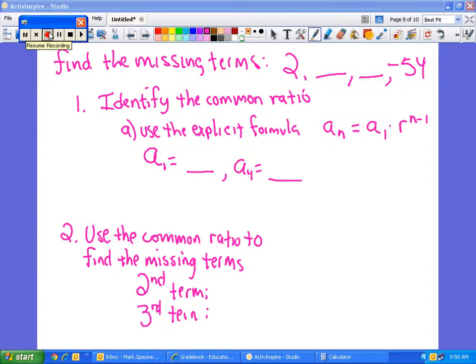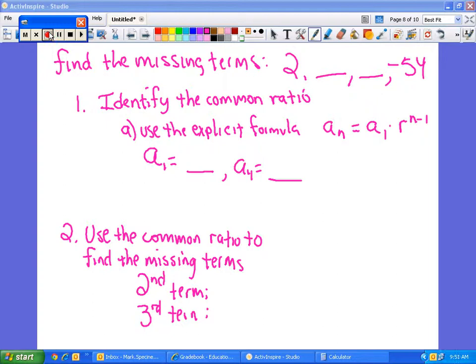Next thing is, just as in an arithmetic sequence we were asked to find missing terms, we can do so in a geometric sequence. And just as our two-step process was to find the common difference and then apply it, here we're going to find the common ratio and then apply it. The difference comes in how we find the common ratio.